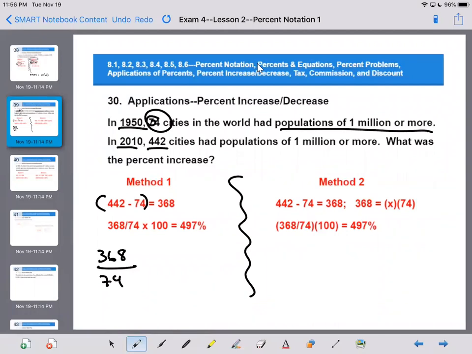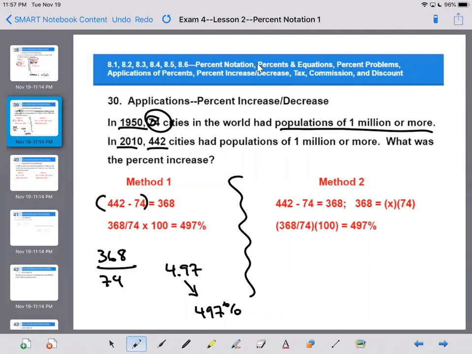74 there. And when you do that, you're going to get something that's larger than 1, right? 368 divided by 74. You're going to get about 4 97 hundredths. Well, that's a decimal. What's the percent of that? To change from the decimal to percent would be 497%, almost 500% increase over 60 years.